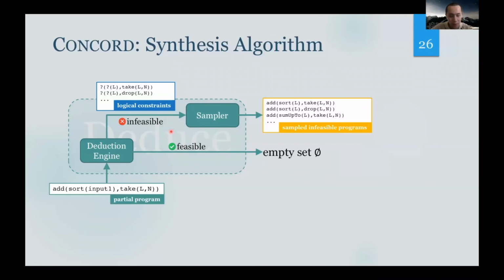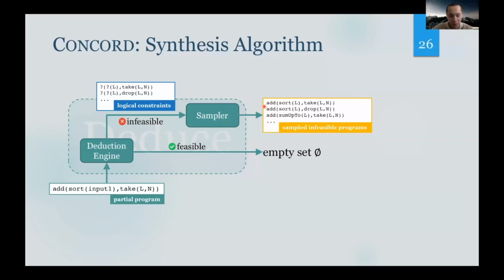Notice that we cannot directly utilize these logical constraints for updating the statistical model. So we need to introduce a translator that translates these logical constraints into a data format compatible with the statistical model. This sampler does the sampling of all those invisible programs based on the pattern indicated by these logical constraints.